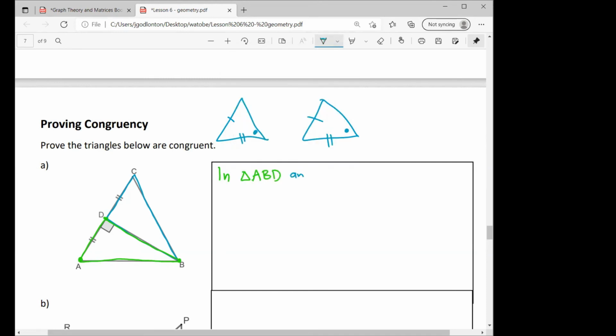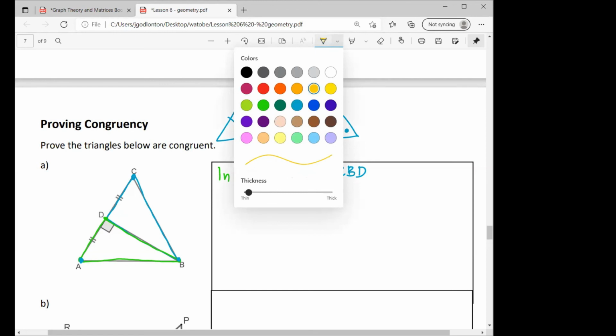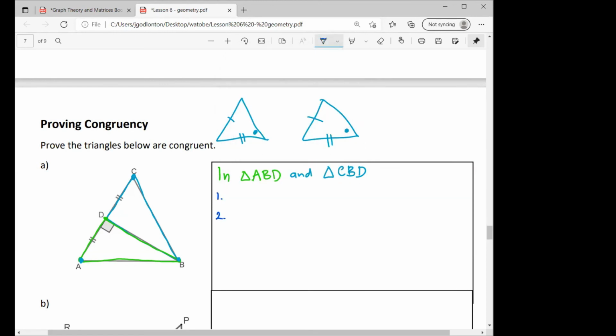So in triangle ABD and triangle, now the same angle as A would be C and B and then D. Okay, so our first step is identifying our two triangles and stating which ones they are. Then we have to give 3 reasons, so 3 steps. I like to just write 1, 2, 3, but you don't have to. This is just so that I remember I have to give 3 reasons to prove it. And the reason we have to give 3 reasons is because all of the proofs of congruency are 3 letters.